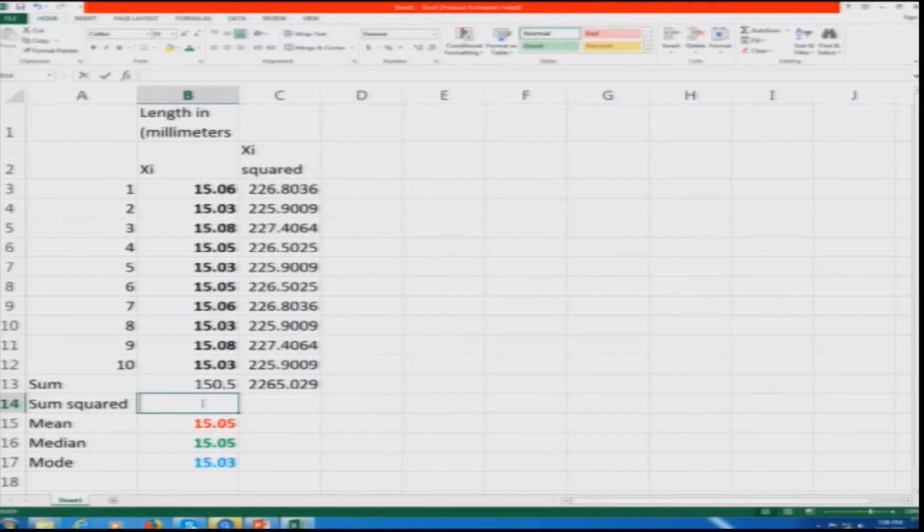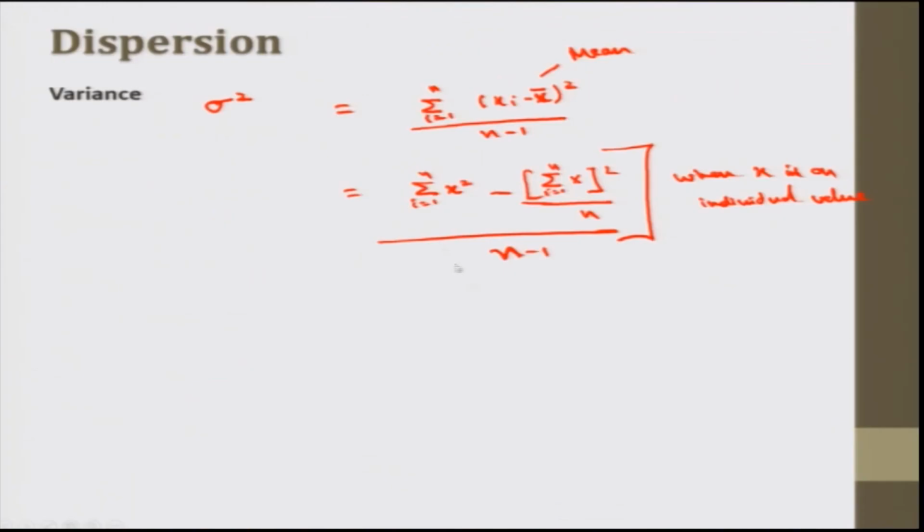Now, this value is equal to the square of this value. So, the formula, to recall, is summation of x squared minus the summation of x whole squared divided by n, and the difference of these divided by n minus 1.